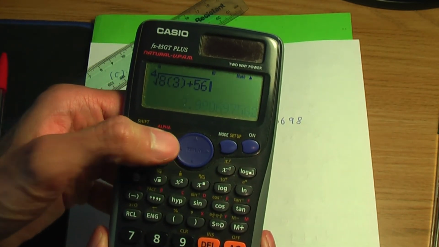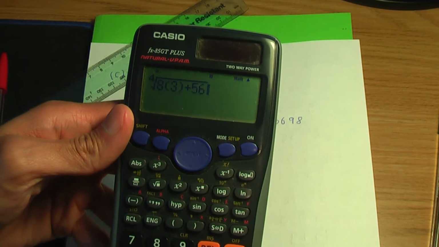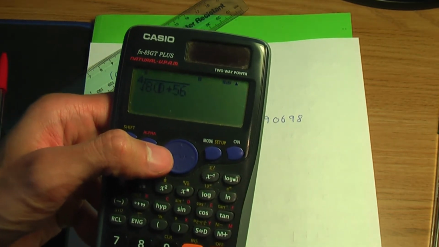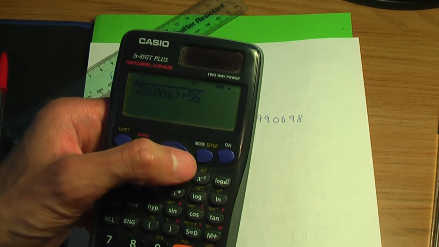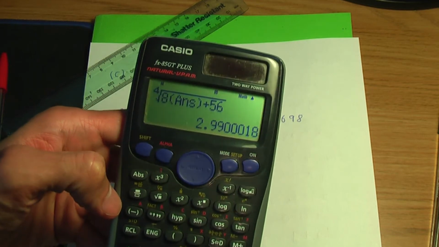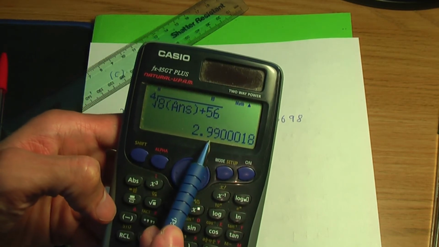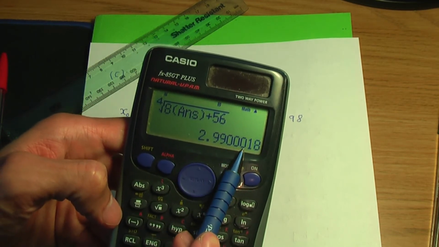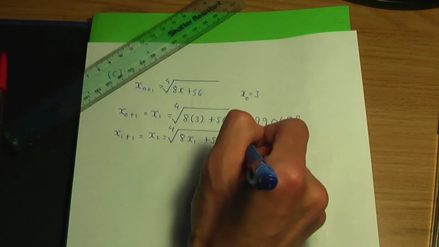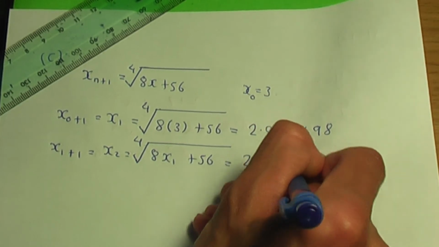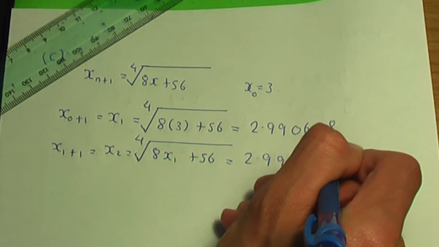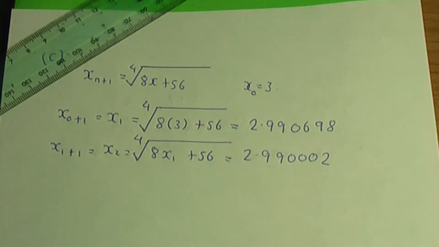So if I press the back button once, and instead of having that 3, I delete that 3 and put ANS and press equals, this should be the next value. So the next value is 2.990002 to 6 decimal places minimum. So let me copy that down, 2.99000, so 1, 2, 3, 4, 5, 2 to 6 dp minimum.